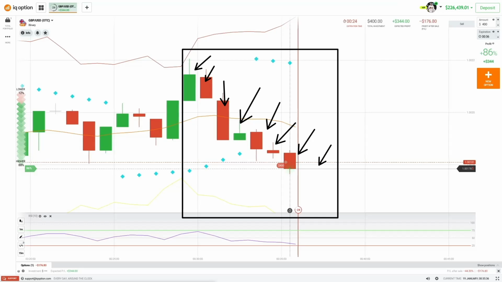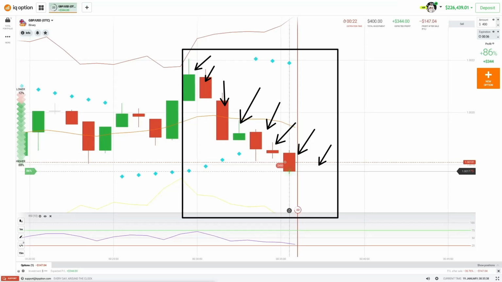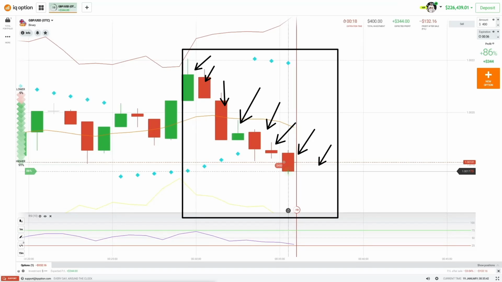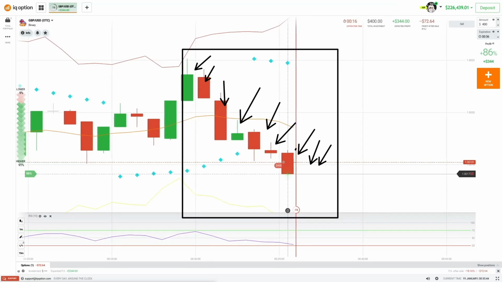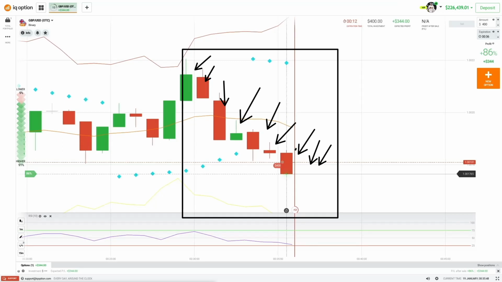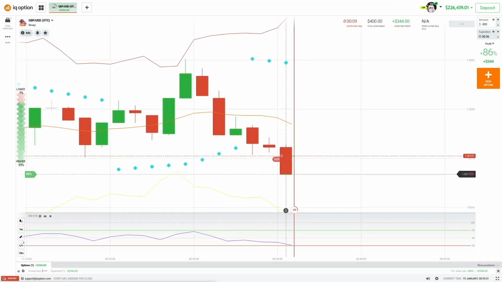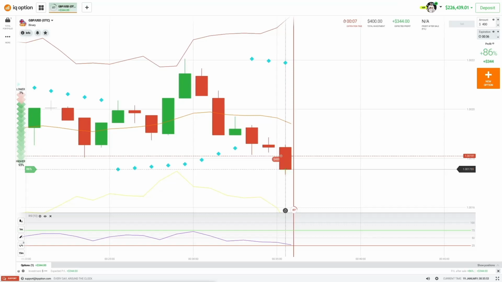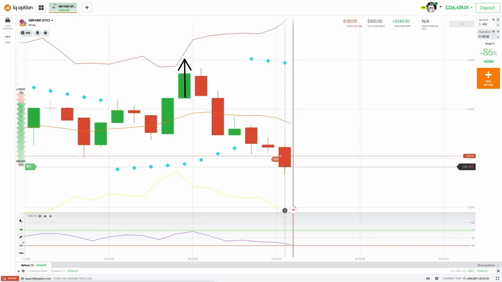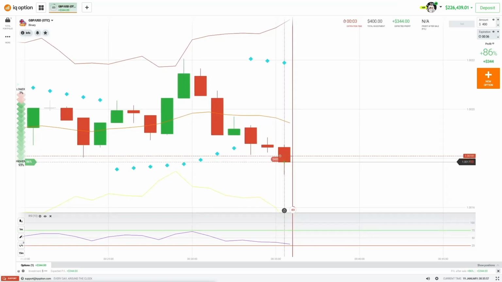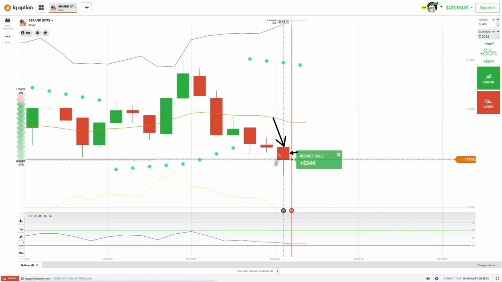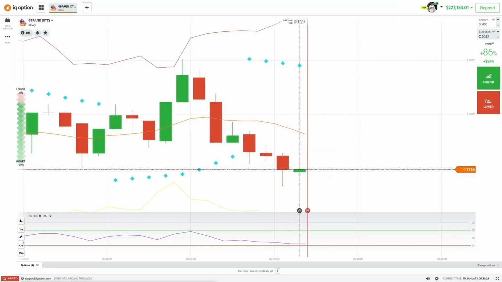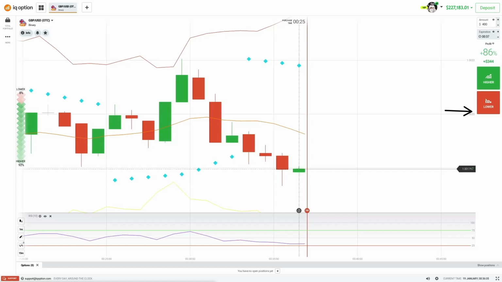So I can predict the color of the next 8 candles. So I still have 2 candles here, this one, the next one. Yeah, the next 8 candles, I can predict the colors, and once I know the colors of the candles, I'm 100% sure what type of trade I'm opening. So if I'm 100% sure that this one is a red candle, in this case, look, I made $300 by clicking lower or shorting.